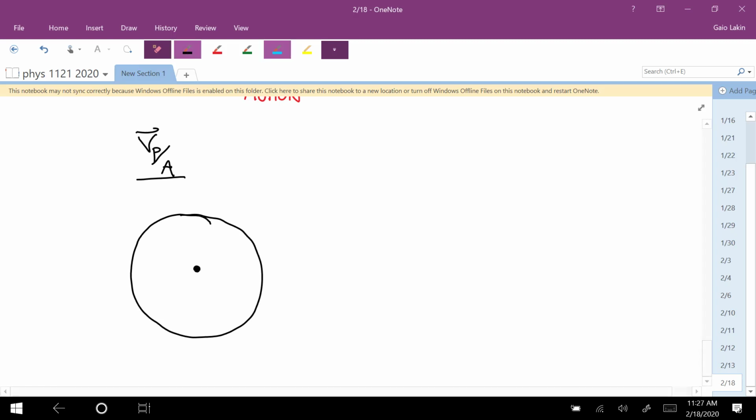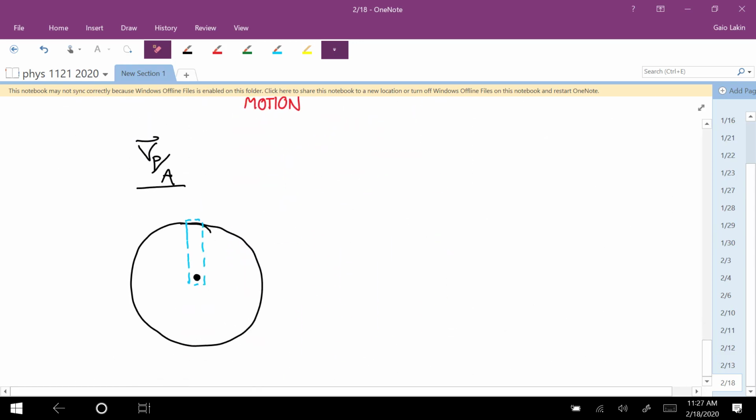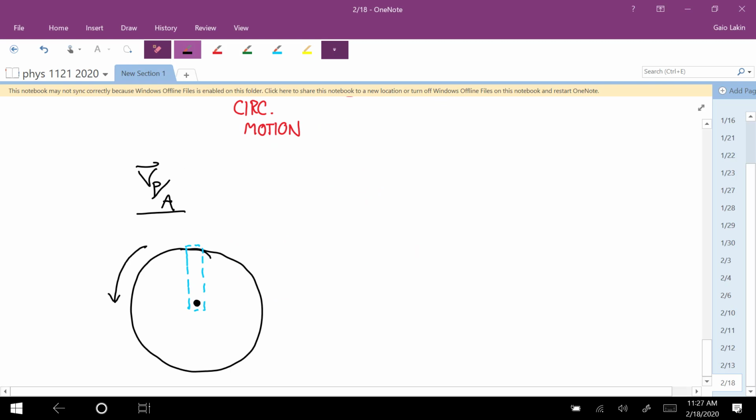The center of the circular motion is A. We're given that there's an angular velocity of 10 radians per second counterclockwise. This is the point we care about now. So the velocity vector is to the left.